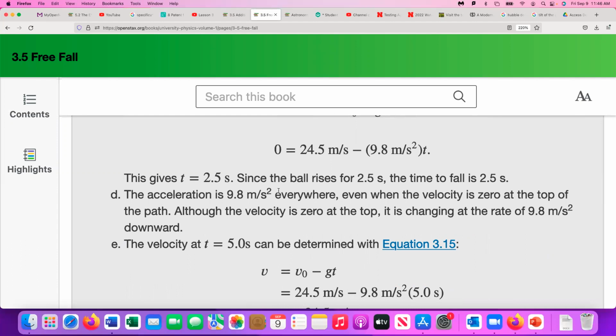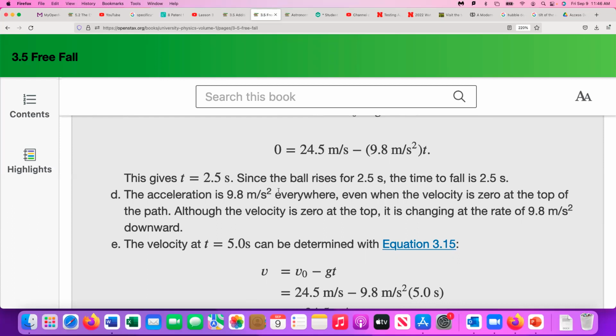A quick correction: at the top of the motion, the acceleration is actually still negative 9.8 meters per second squared. It's the velocity that is 0 at the top. Okay, velocity. Because it comes to a stop. In order for it to turn around, it has to come to a stop, and then start going the other direction.